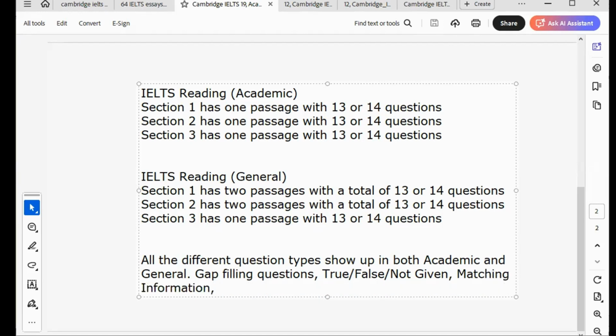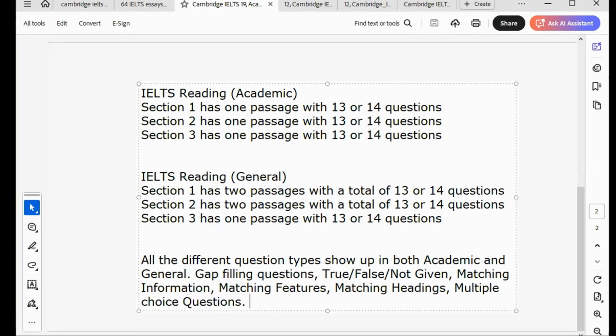You see them in IELTS General. You have what you call matching features. Okay, we have matching headings. And then you have multiple choice questions. Okay, you see all these question types that I've written out, all of them show up in both academic and general.